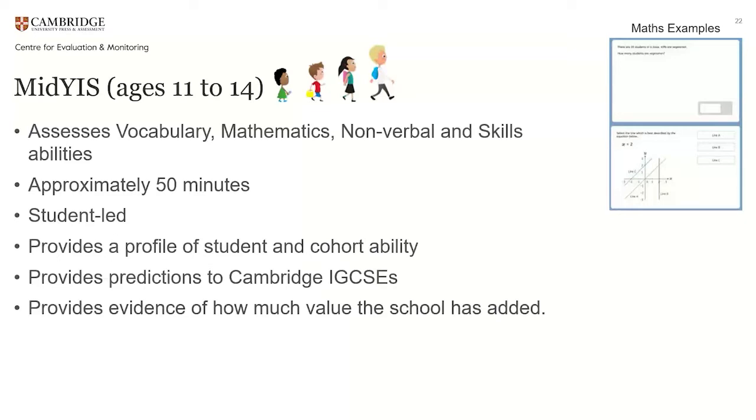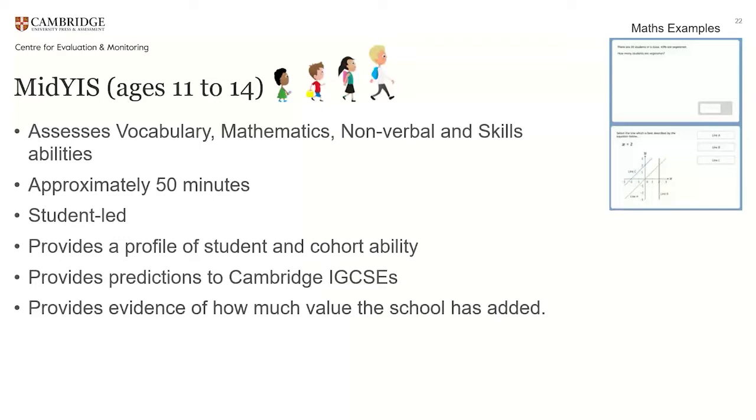So what some schools have told me is this can sometimes help the school itself with choosing which subjects they offer at GCSE. You might find that your cohort has a particular strength in something like art and design, so you decide to offer that.